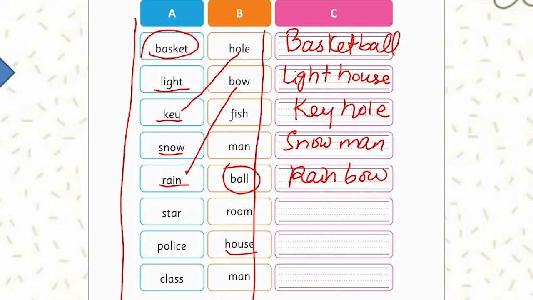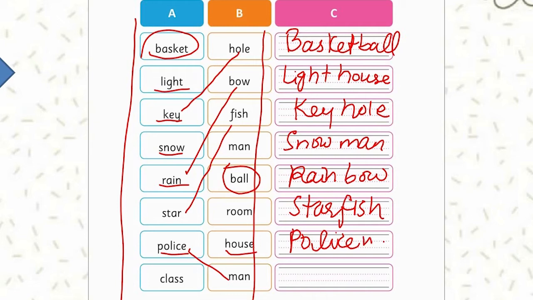The star here. Yes, it is talking about the starfish. The police. The policeman. The class, yes, the one option is remaining, classroom.